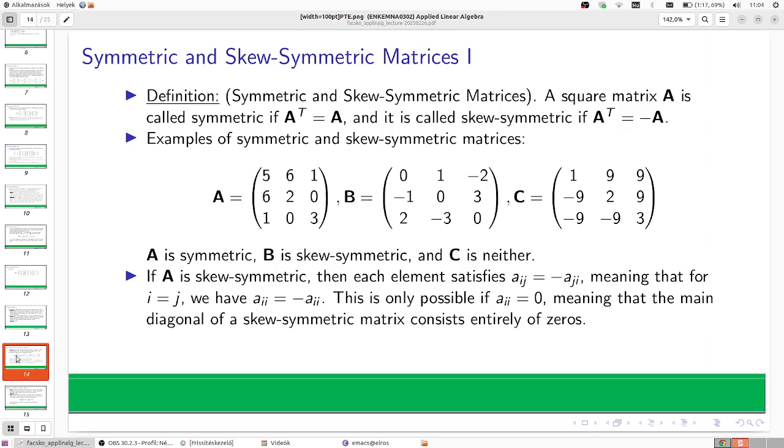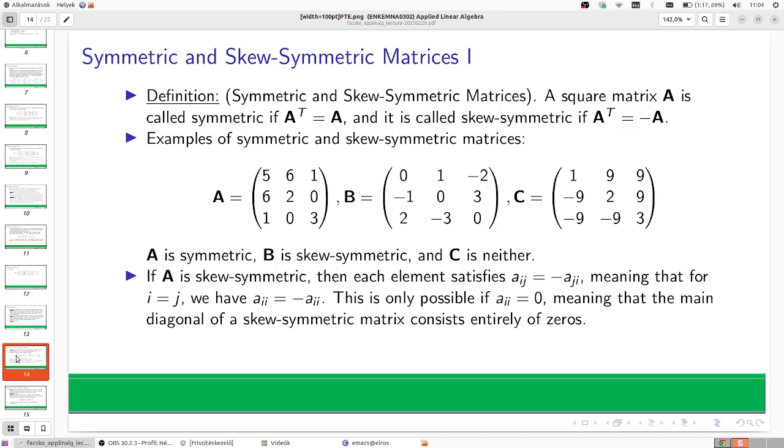Very, very interesting: these skew symmetric matrices. It's very weird, because I remember when I learned this, it was called antisymmetric matrices. A square matrix is symmetric if it's identical to its transpose.